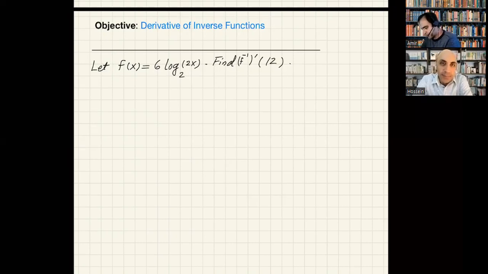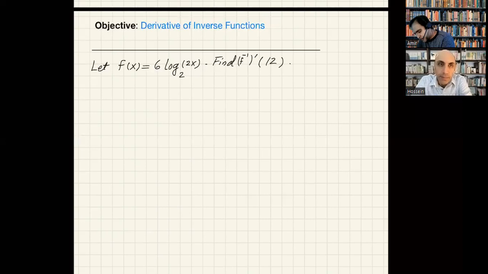That's an interesting problem. I believe we had a relation which we use for the derivative of an inverse function. First, I'm going to obtain that relation for our viewers.